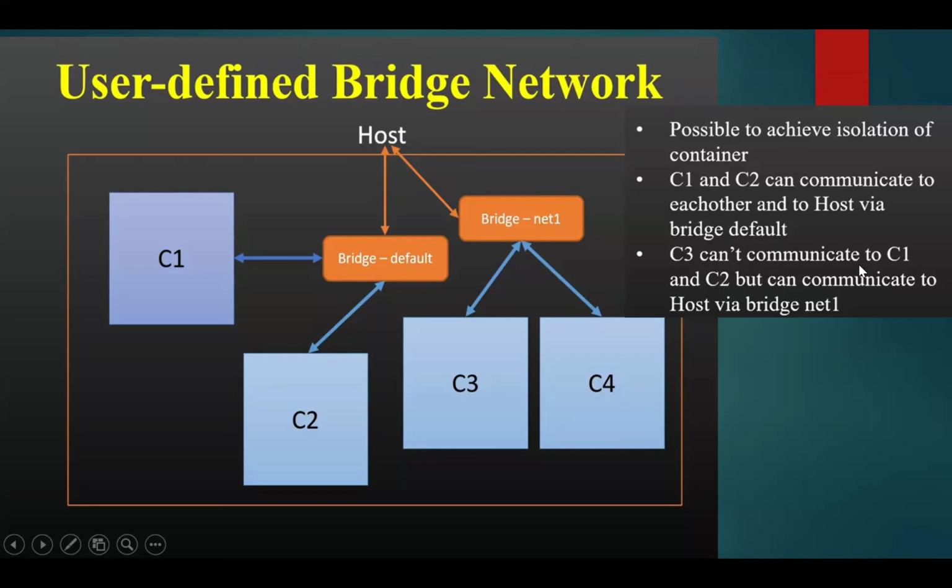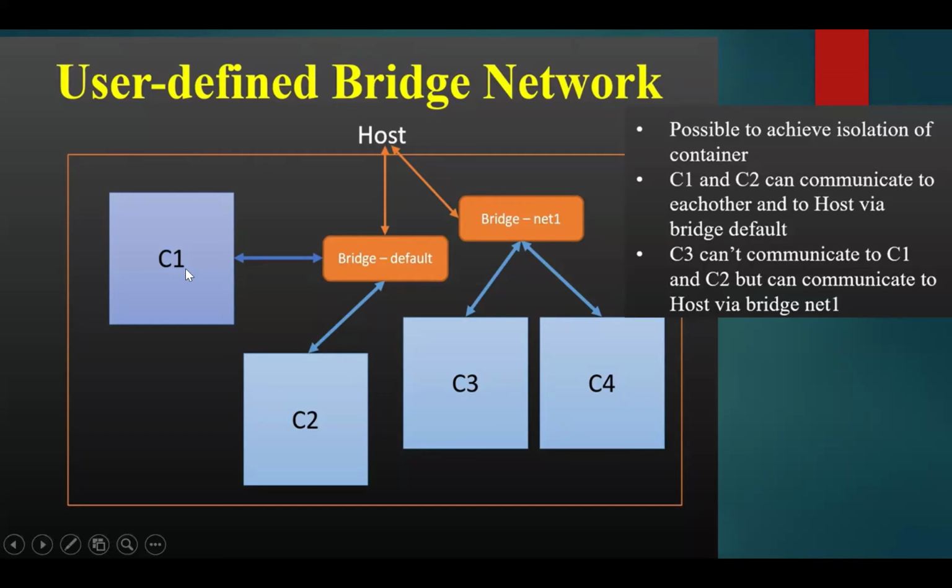C3 can't communicate with C1. C3 cannot communicate with C1 and C2, but can communicate with the host via its own bridge. Likewise, C2 can communicate with the host, but cannot communicate with C3 and C4. So this is how it all works.